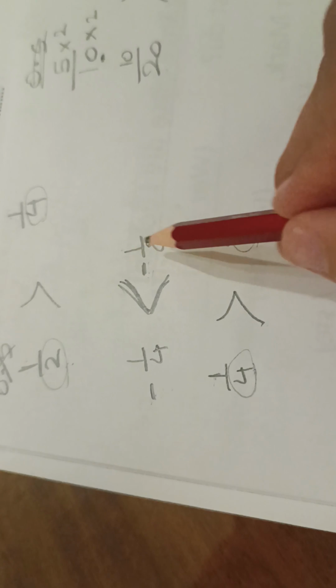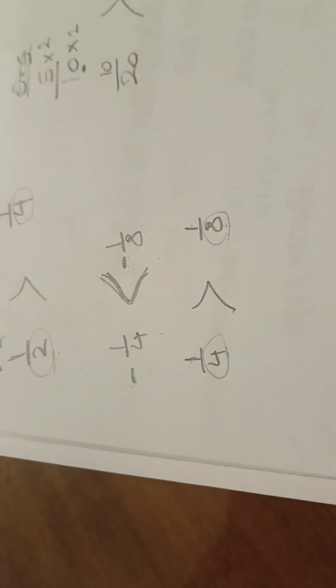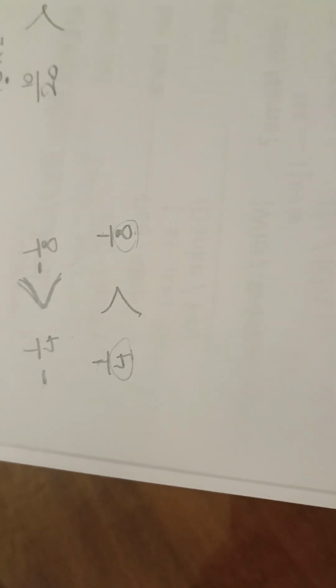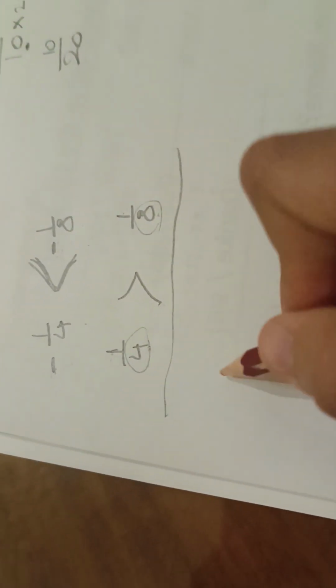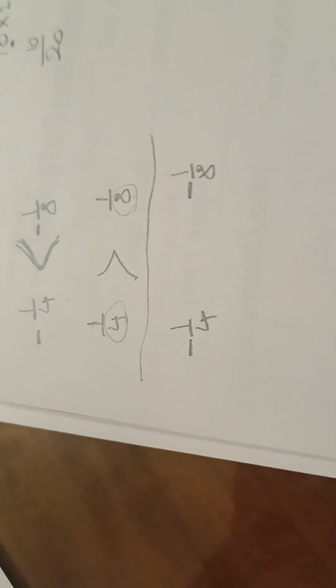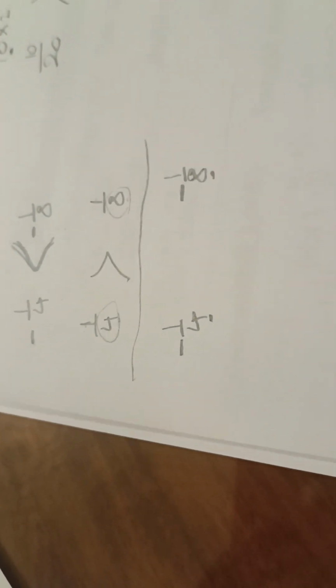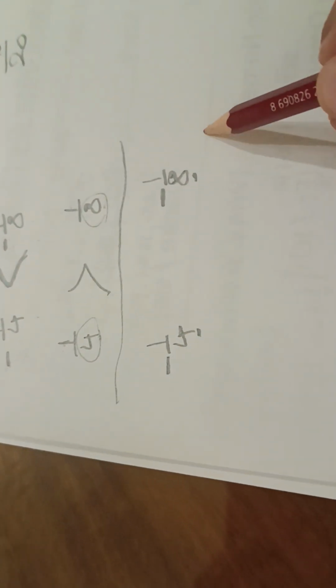I'll say that -1/8 is greater than -1/4. In other words, I can compare between -1/4 and -1/8 using the LCM. I have here two fractions with unlike denominators, so let's get the LCM. LCM between 4 and 8 is 8.